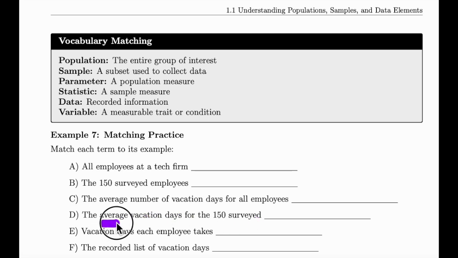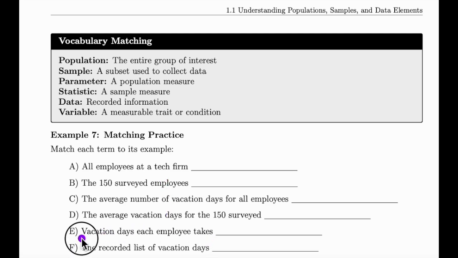Because we're looking at a number, even though they don't give us the specific value, the average of vacation days for the 150 surveyed, that's a number that summarizes the subgroup. So that's a number that summarizes the sample. That's the statistic. So for Part D, this would be the statistic.